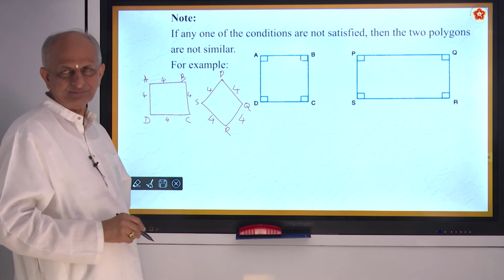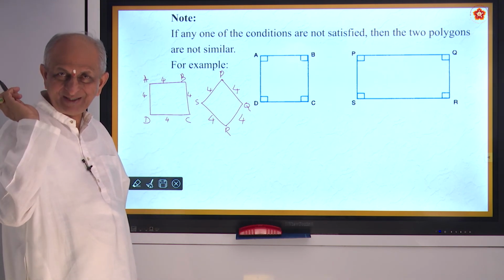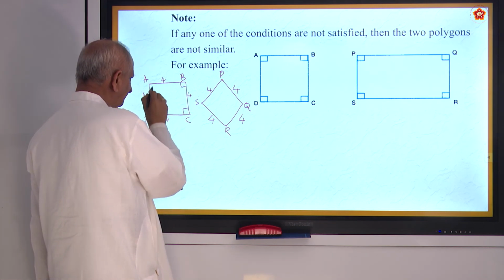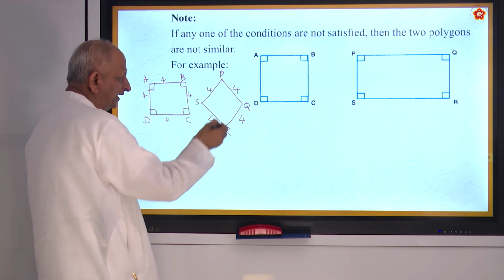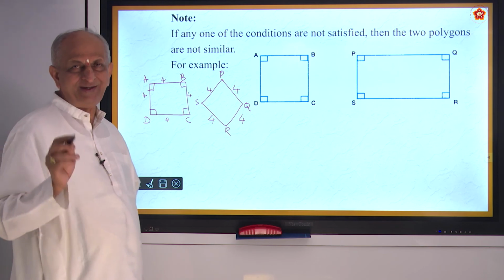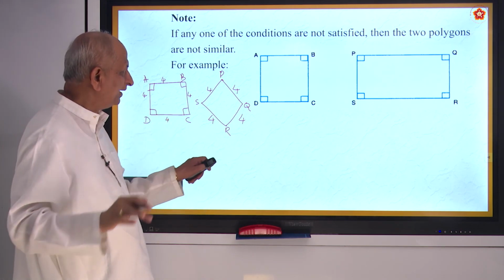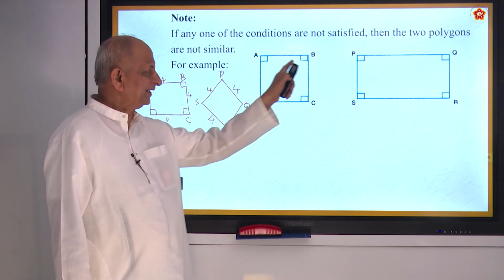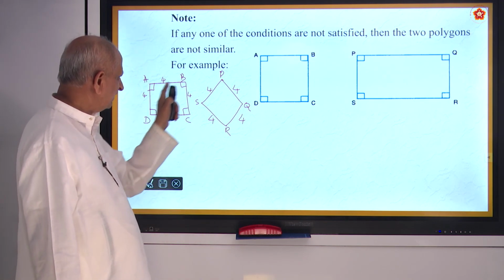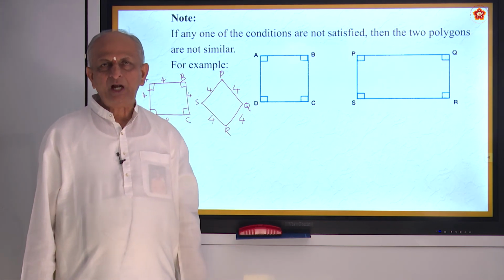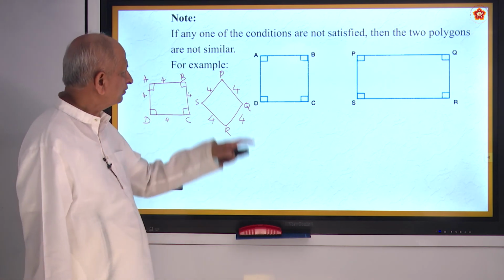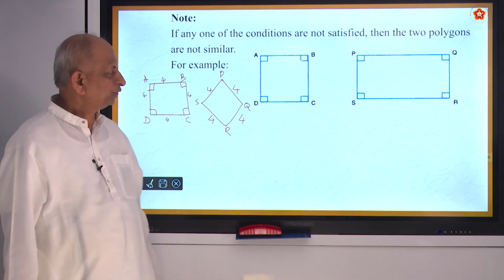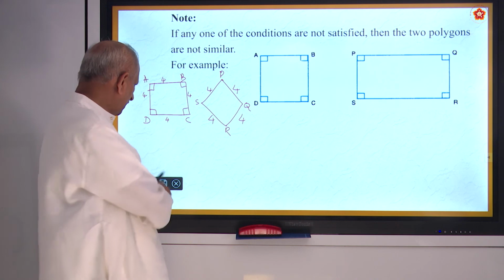What about angles? Angles need not be equal. Here all are 90 degrees, it is not so here. Opposite angles are equal, that's all, but need not be 90. Therefore, they are not similar. Square and rectangle are not similar. Here angles are equal but sides are not proportional. Here sides are equal but angles are not equal. Therefore, if any one of the conditions is not satisfied, then we say two polygons are not similar.